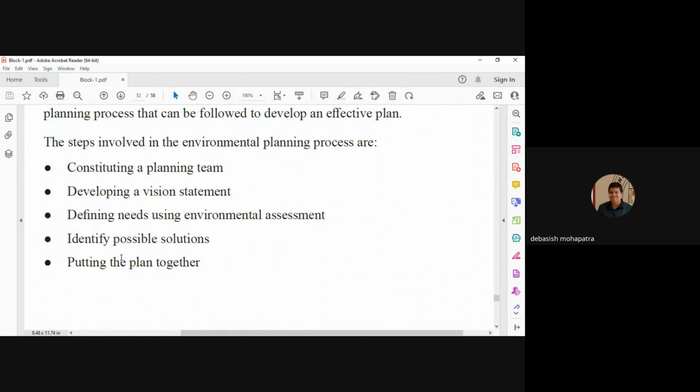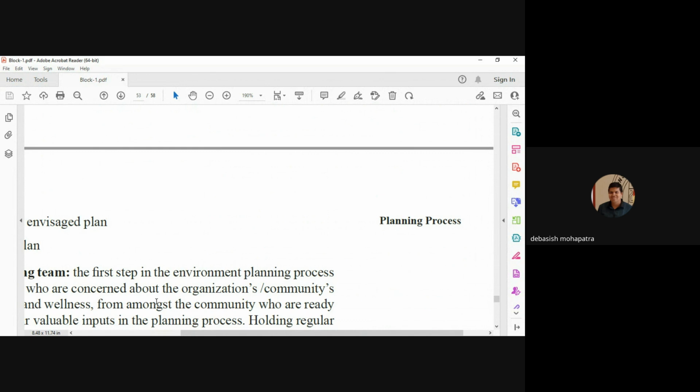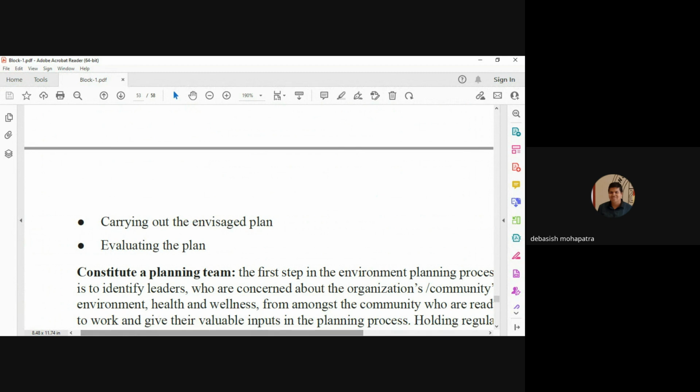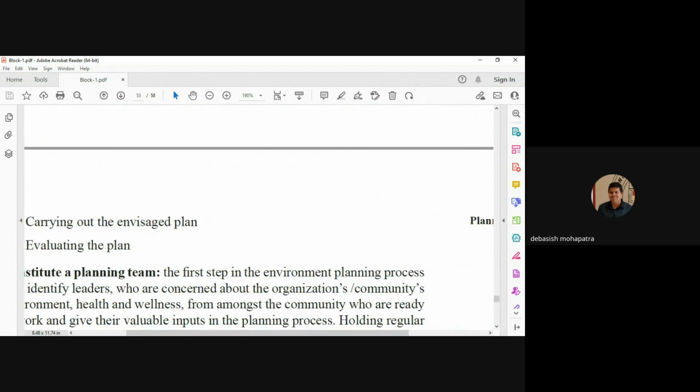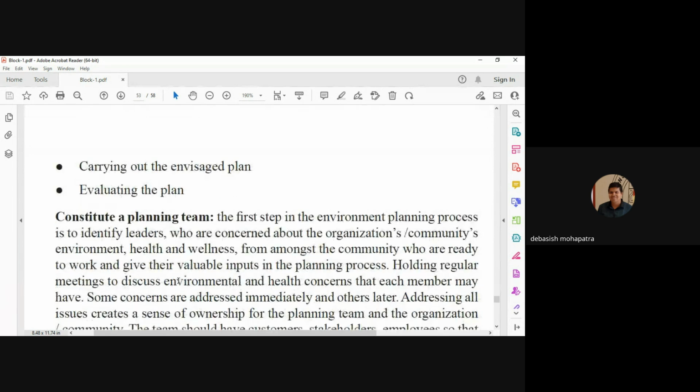So the steps involved in the environmental planning process are constituting a planning team, developing a vision statement, defining needs using environmental assessment, then identifying possible solutions and putting the plans together, carrying out the investment plan and evaluating the plan.